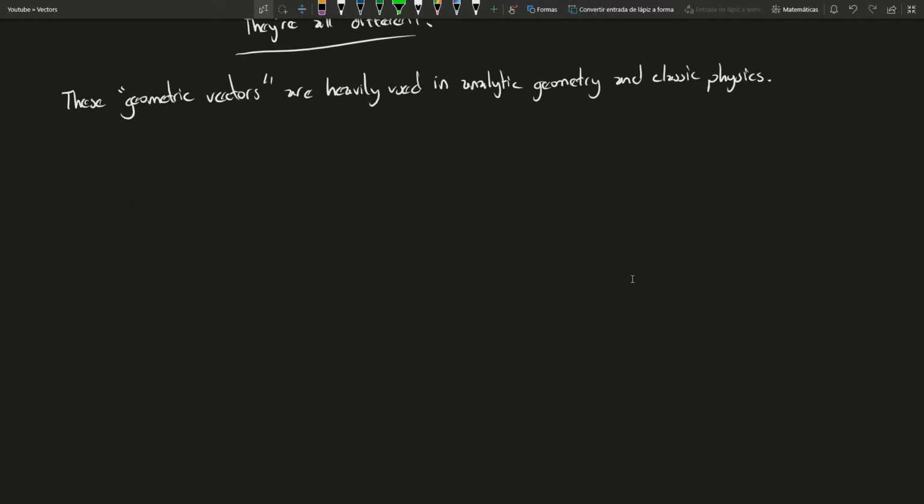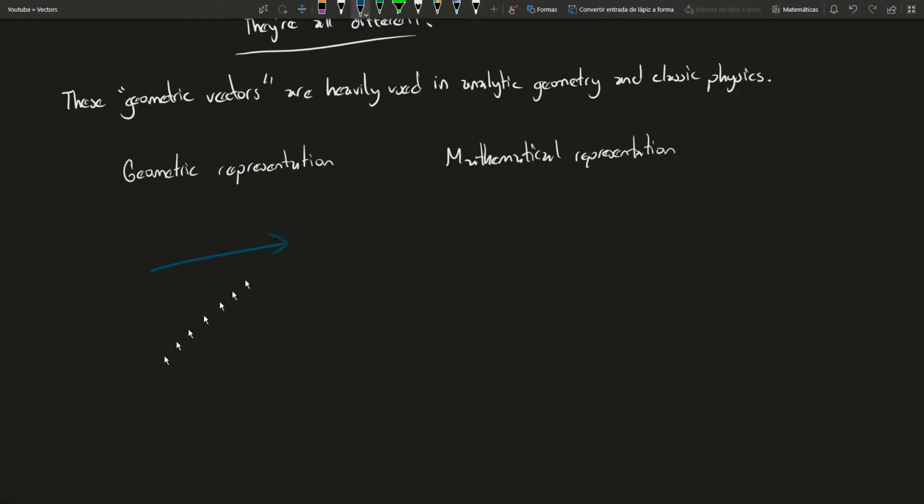So, we already know what a vector looks like geometrically speaking, but how about mathematically? Well, it is an n-tuple, which is the mathematical way of saying list of n elements. There are different ways of writing them, but the one I'm gonna use is the column vector, which is the one I'm showing you right here.